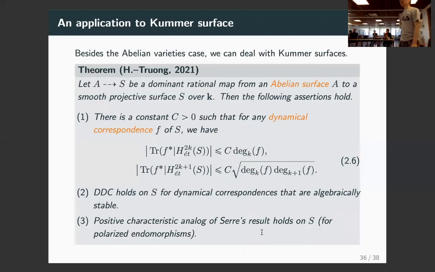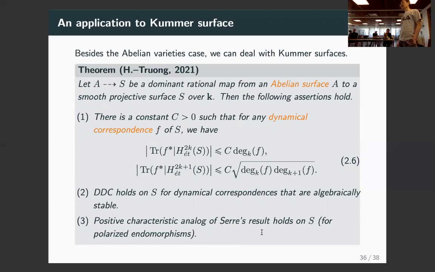And this is our application to Kummer surfaces. So besides Abelian varieties, we can deal with Kummer surfaces. So let S be a surface such that we have a dominant rational map from an Abelian surface. For example, S could be a Kummer surface.